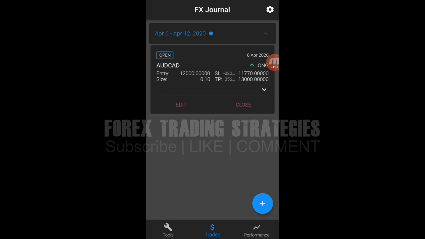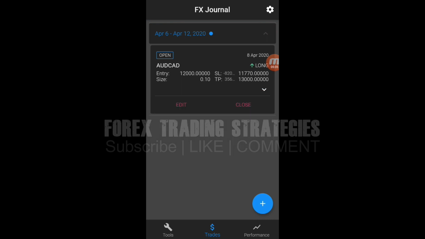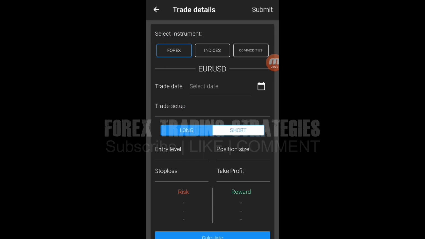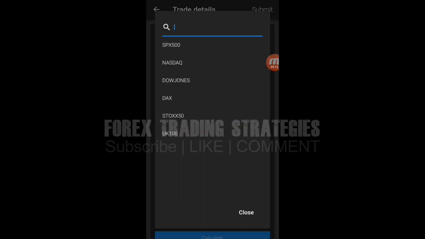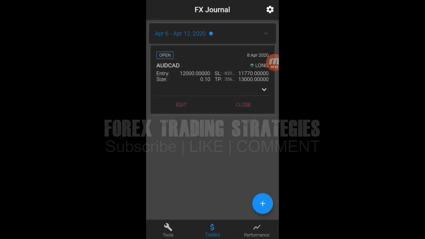Besides jotting down your stuff, you can simply have this app on your phone and have details of the trades that you took, across general forex, indices, and commodities. So this is one of the most important apps on my phone.